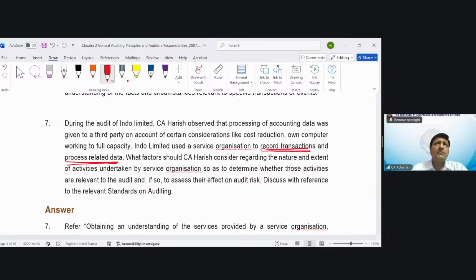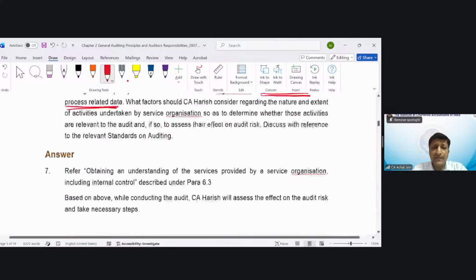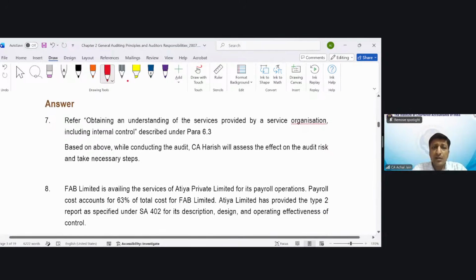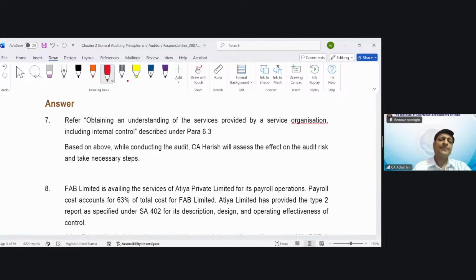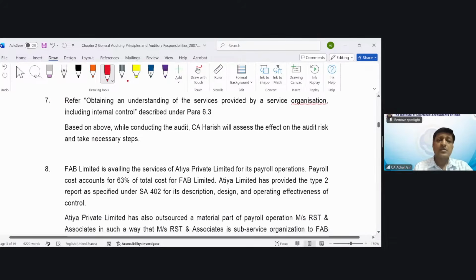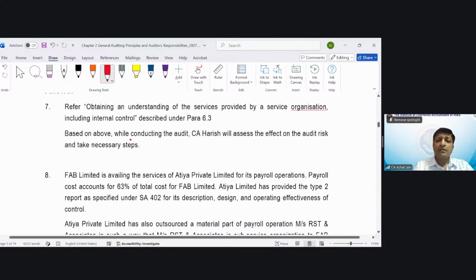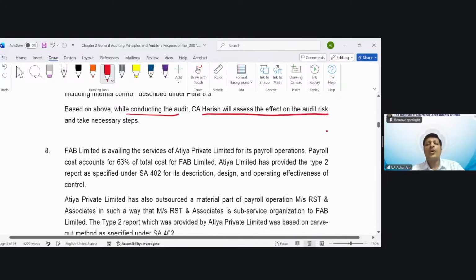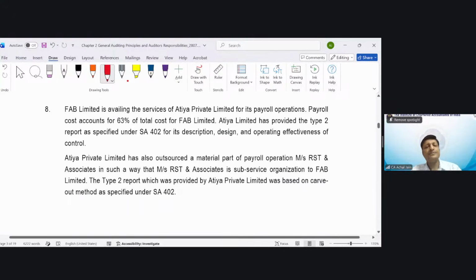So it's all about the auditor's considerations when a service organization is involved. So let's look at it. Of course, the auditor will go about it in terms of obtaining the understanding, including the controls. And while conducting the audit, CA Harish will assess the effect on audit risk.